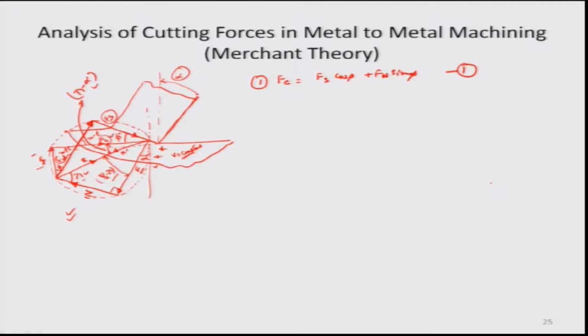So, along the Fc direction, the component of Fn that will work is Fn cos of 90 minus phi, that is Fn sin phi. So, basically we have Fs cos phi plus Fn cos of 90 minus phi, which is written down again as Fs cos phi plus Fn sin phi.